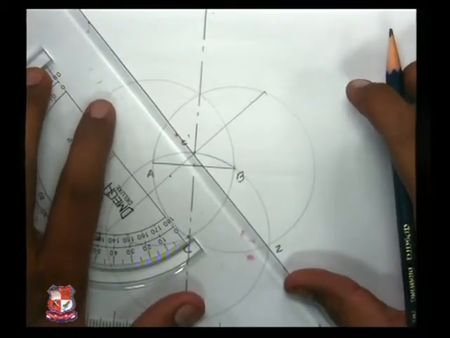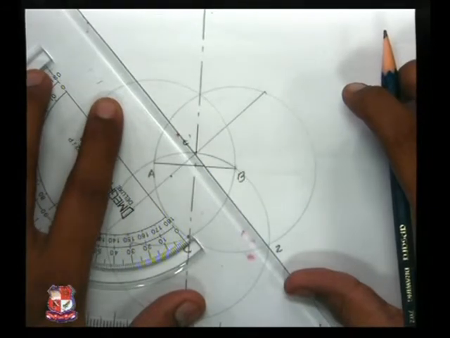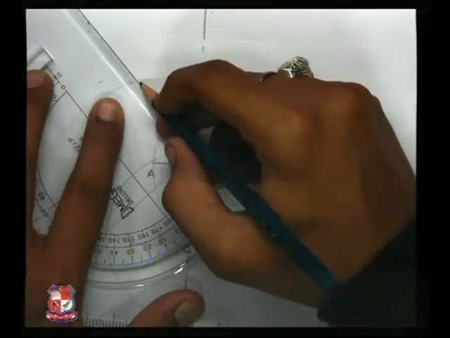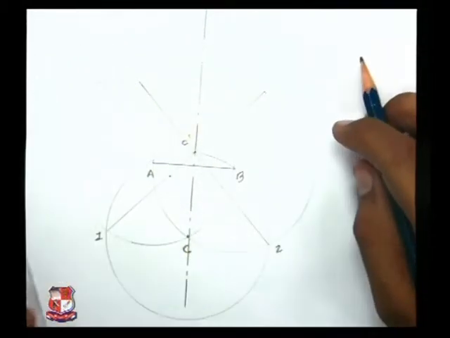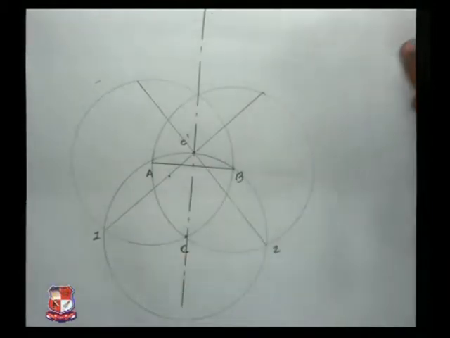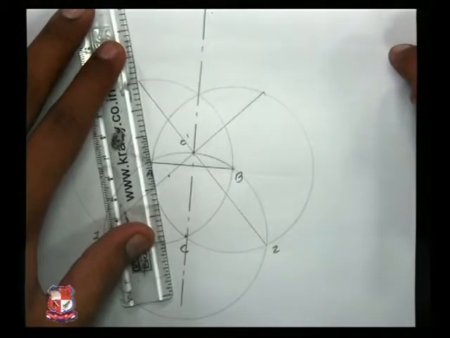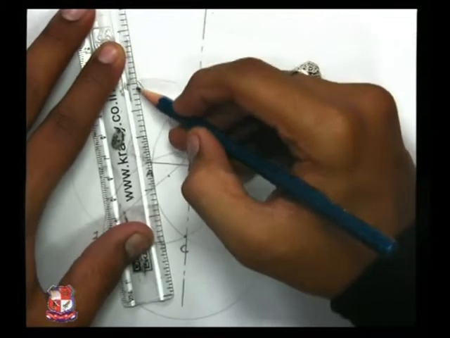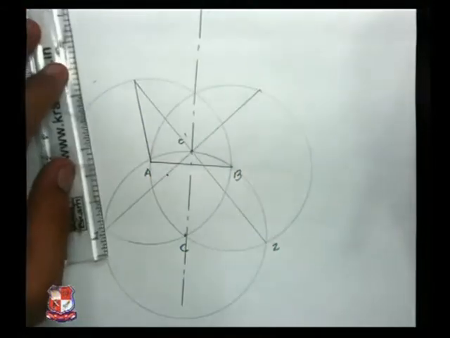Same way, draw a line passing through 2C dash, join these lines.